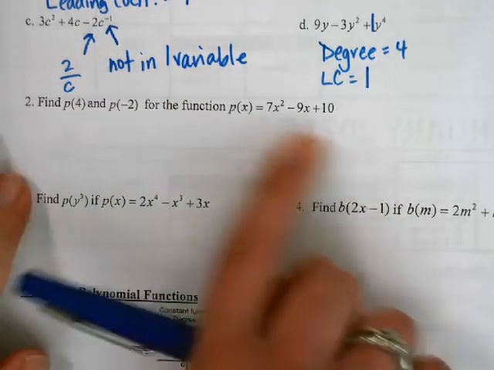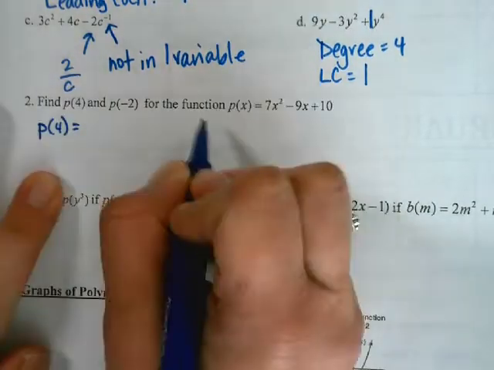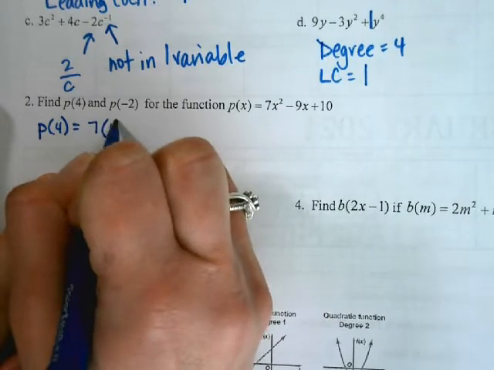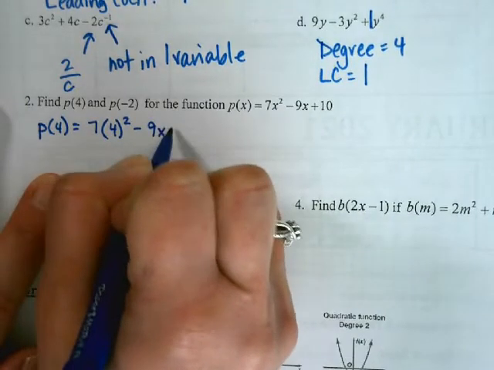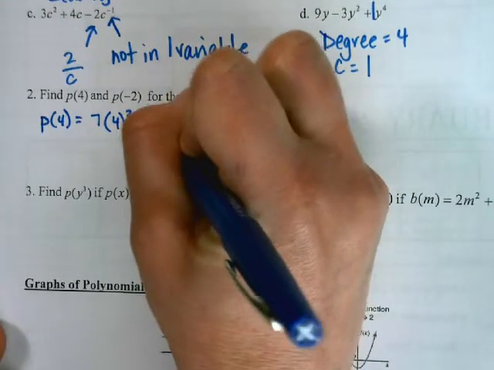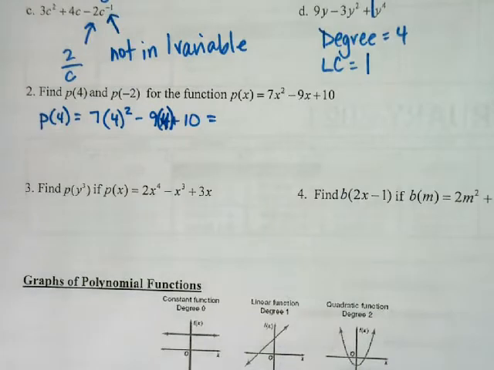All right, so I'm just going to plug them in. So p of 4 means I'm going to replace everywhere there's an x with a 4. Oh, I couldn't do that. I didn't replace everywhere there's an x. Now I did. That's really awful to see.